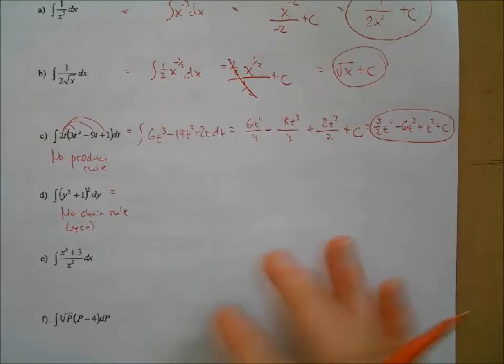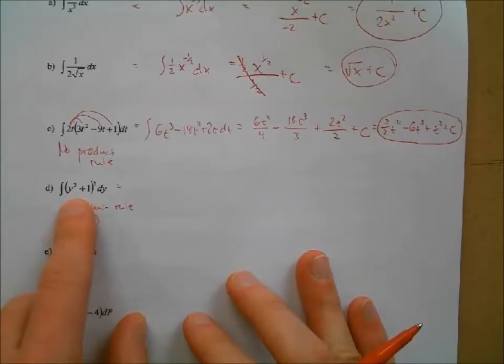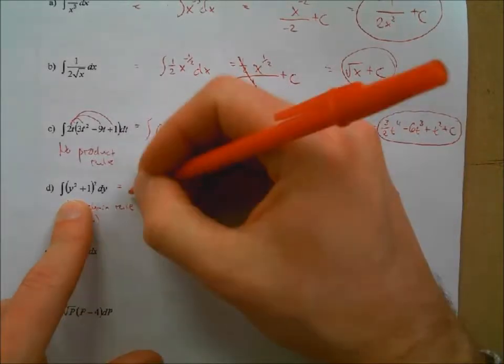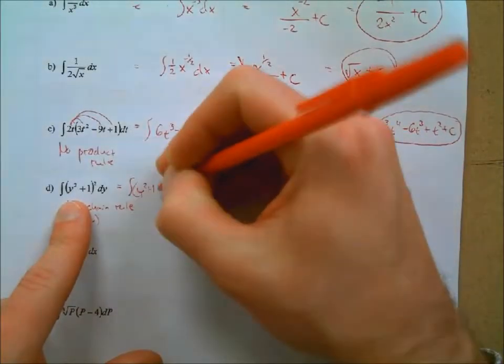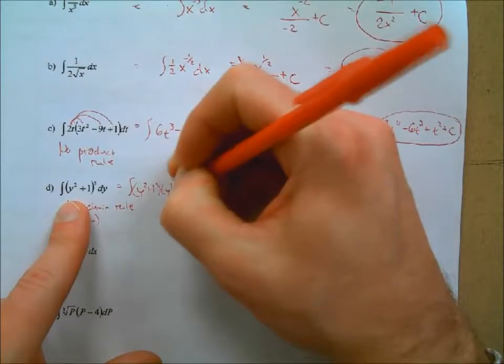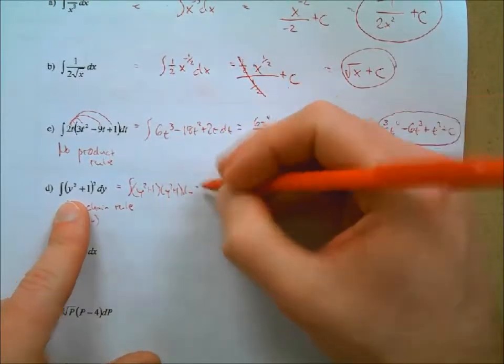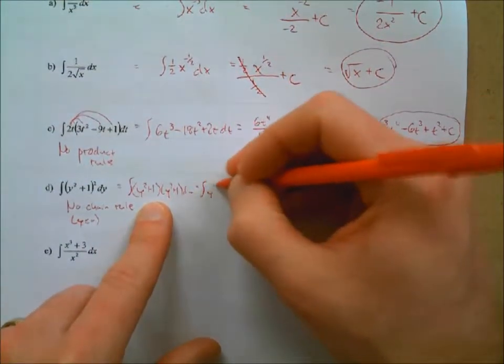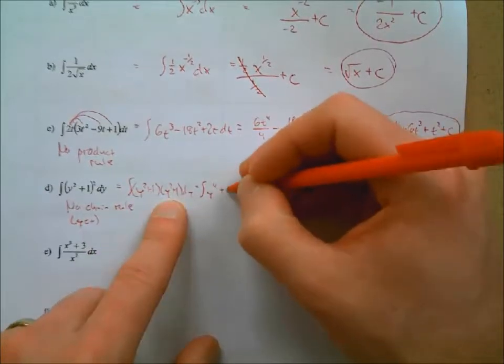So in order to integrate this, what do we have to do? Yeah, we got to multiply it out. So we're going to do y squared plus 1 times y squared plus 1 dy, and then simplify that, so it gets y to the 4th plus 2y squared, and then plus 1.